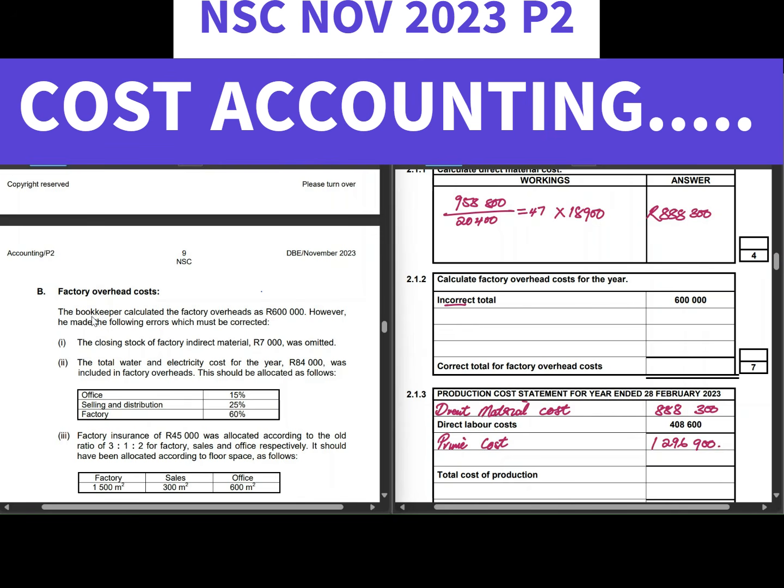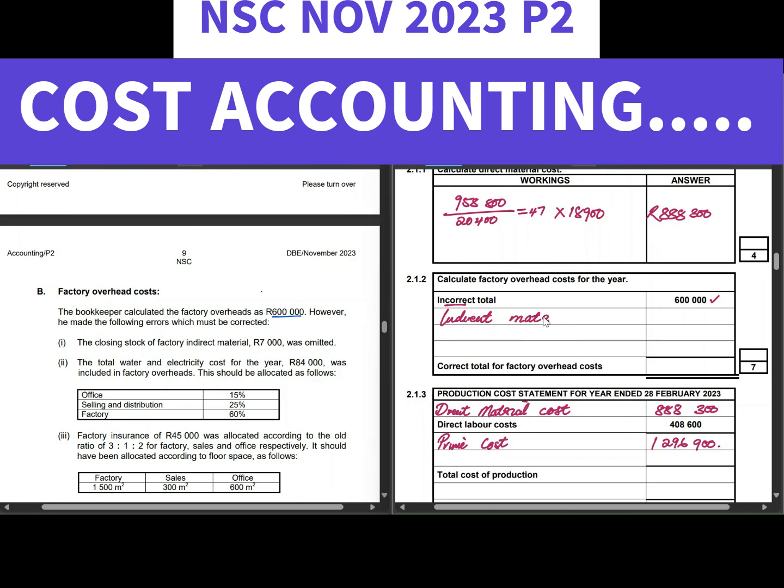Information B says the bookkeeper calculated the factory overheads as 600,000, which is what we see over here. However, he made the following errors which must be corrected. Number one, the closing stock of factory indirect material, 7,000, was omitted. That means I must say indirect materials.